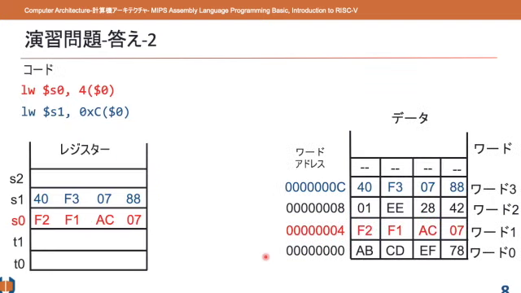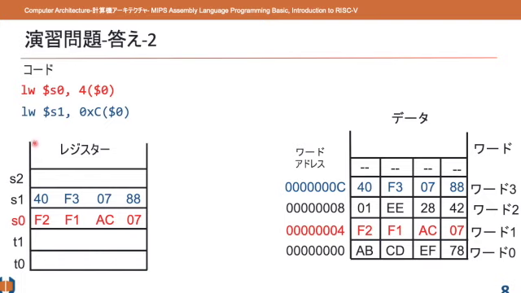Okay. The first instruction here is load word to save register 0, offset 4, base 0. That means you have to add this base with the offset. You have to load the value of memory address 4 into register S0.